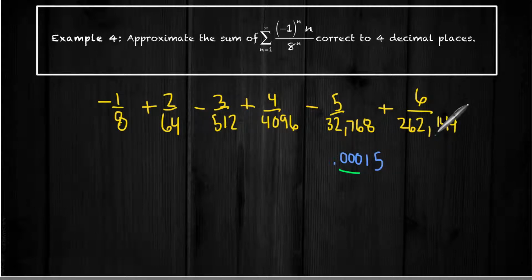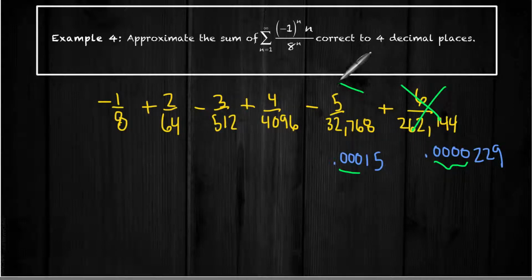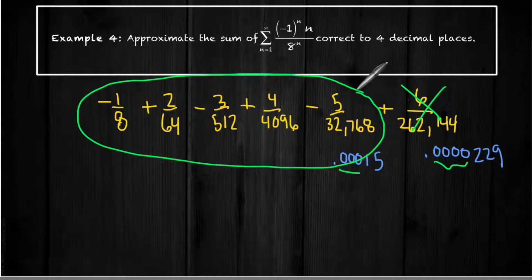So 6 over 262,144 gives you 0.0000229. And so that gives us 4 places of accuracy. And so that means we neglect the sixth term, and so we are going to use the first 5 terms to approximate the sum.